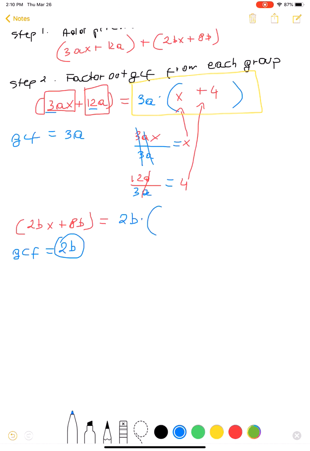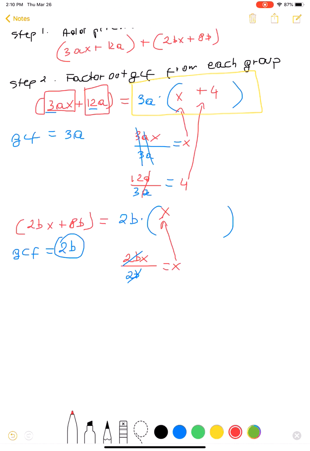So to factor this group we have 2b times, open parentheses. Take the original, 2bx, and divide it by the GCF, 2b. Cancel, cancel. We end up with x, which goes right here.